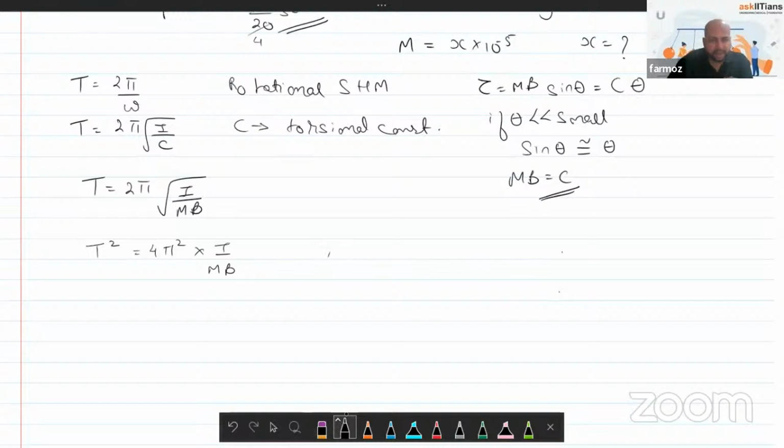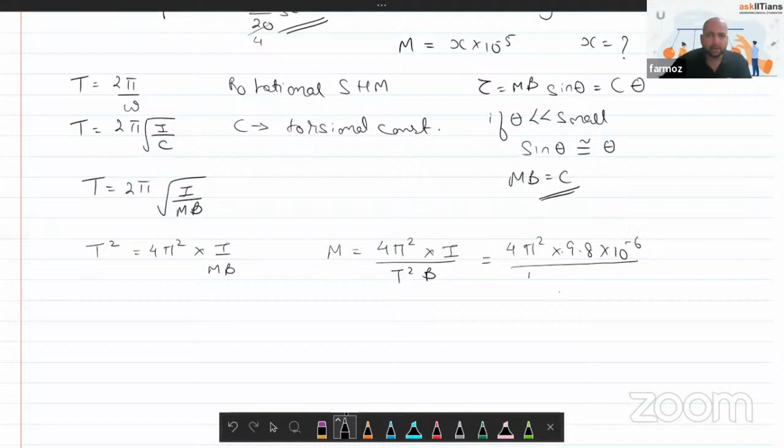This m will be 4 pi square into I upon T square. Sorry. So this becomes 4 pi square into 9.8 into 10 raised to minus 6 upon 1 by 4 the whole square into, the value of b is 0.04. Clear?